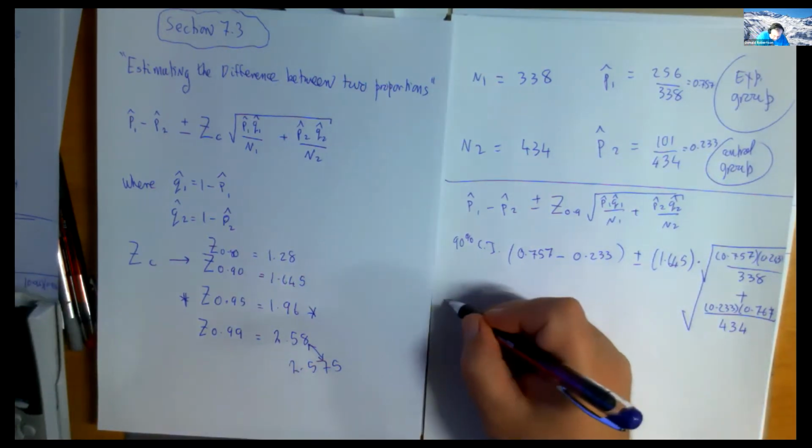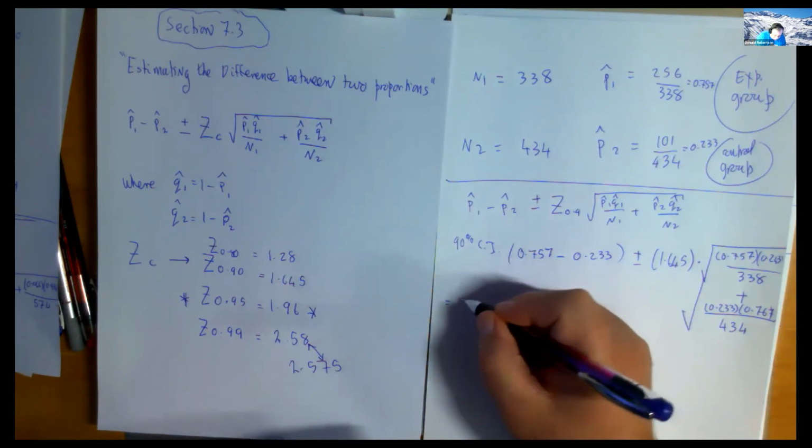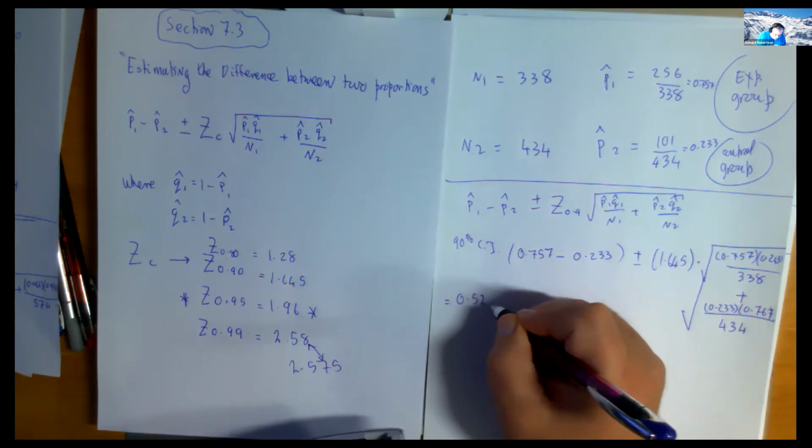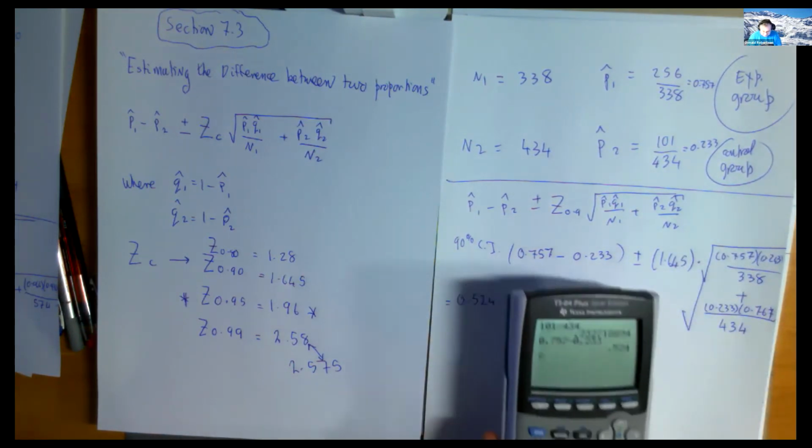Let's see what we get here then. These two guys, 0.757, take away 0.233, 0.524. This horrible mess.